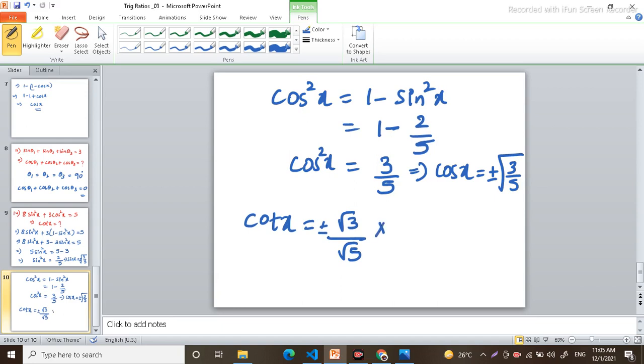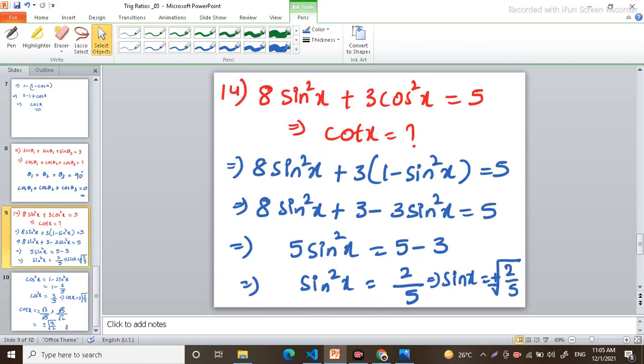So what is the sin x value? 2 by root 5 now. So root 5 will come up and root 2 will come down. This will get cancelled. So the final answer will be plus or minus root 3 by 2.